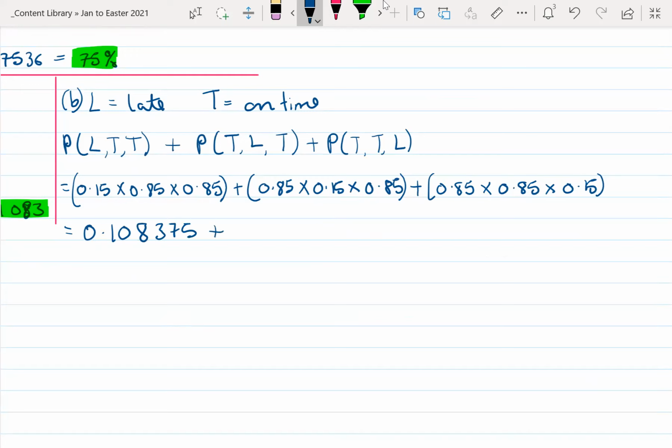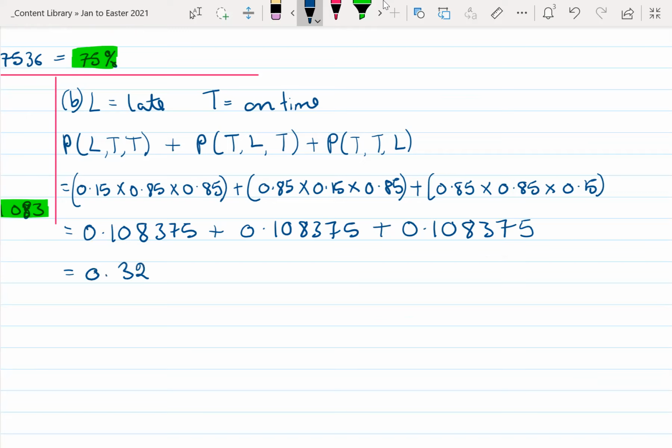And you multiply out the second bracket, you actually get the same number. And you multiply out the third bracket, and again you get the same number because you're multiplying the same numbers together. Then it's all a matter of just adding up all of those, and this is what you get.